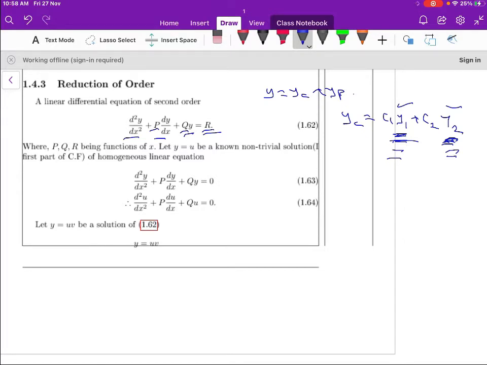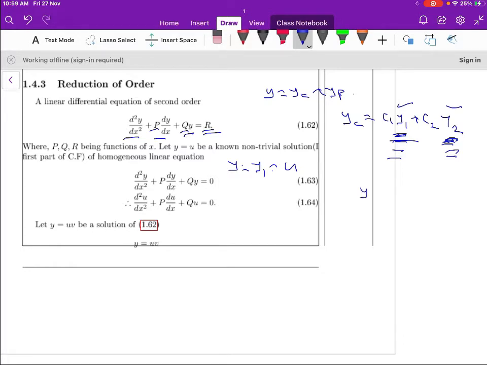Let y is equal to u be a known non-trivial solution of the homogeneous equation. Let us assume that it is the first part of the solution of the homogeneous equation, or the first part of the complementary function.